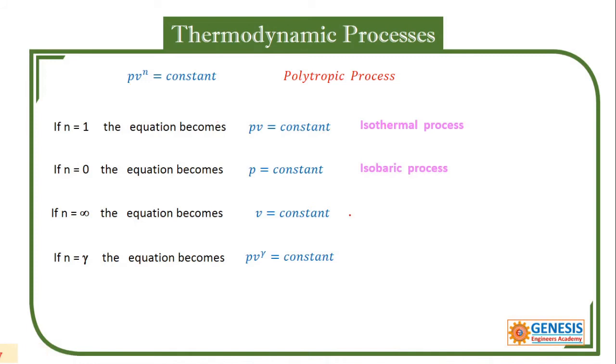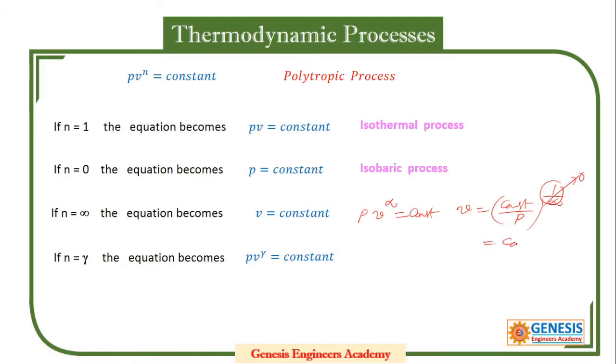Okay, next in this case P v to the power of infinity is equal to constant, and if I write V constant by P whole to the power of 1 by infinity, am I right or not? Right. So this becomes 0, then it becomes constant.